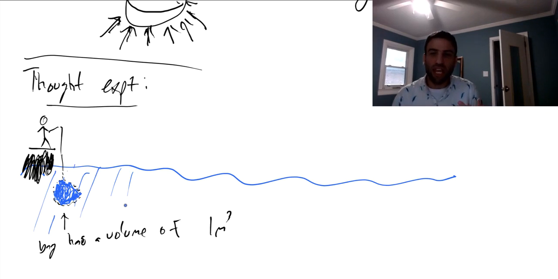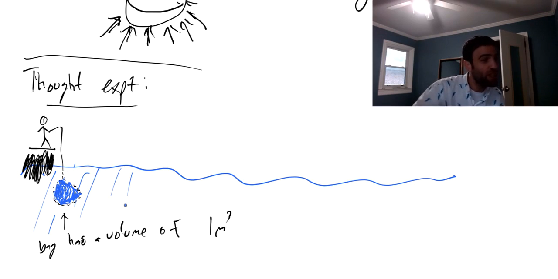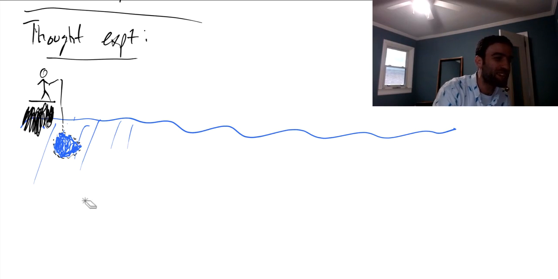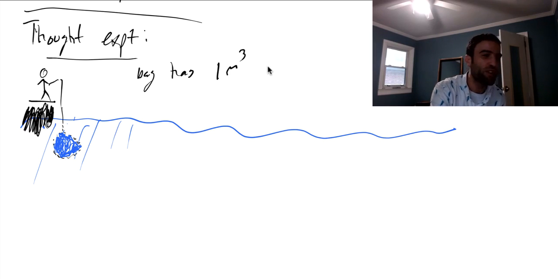One question that we have is, how much force do I need to exert on the rope in order to keep this bag in place underwater, okay? So let me make some space here because I need to draw some diagrams. Let's say the bag has 1 cubic meter of volume, and it's filled with water.